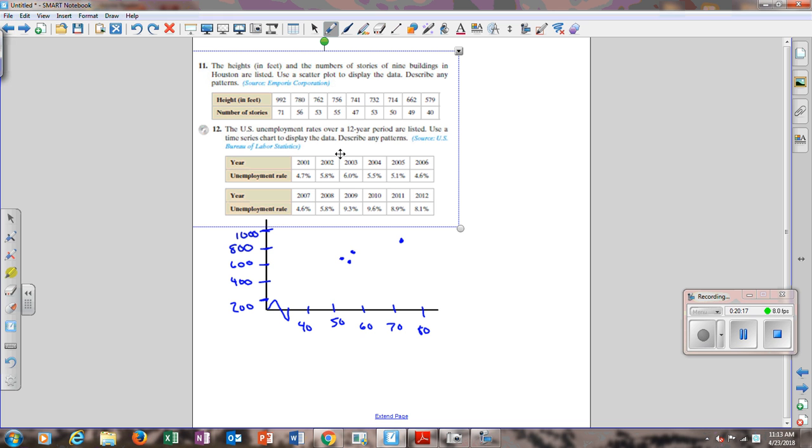Number 47 to 741. 53 is 732. And we have a 53 already. It's going to be 732. Go right there.